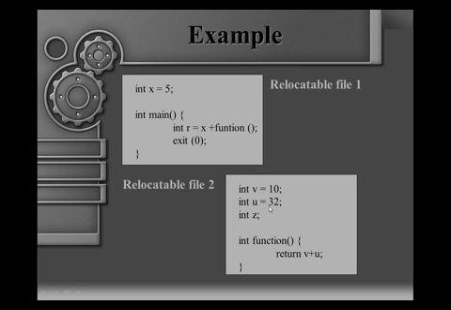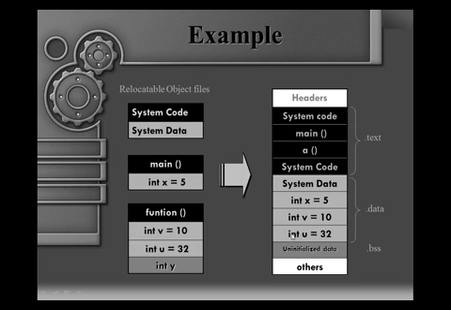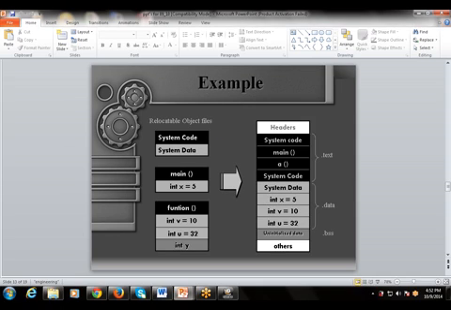These are initialized variables, and z is an uninitialized variable, only declared and not assigned a value. Then int function, curly braces open, return v plus u, which returns 42, that is 32 plus 10. Now relocatable object files.